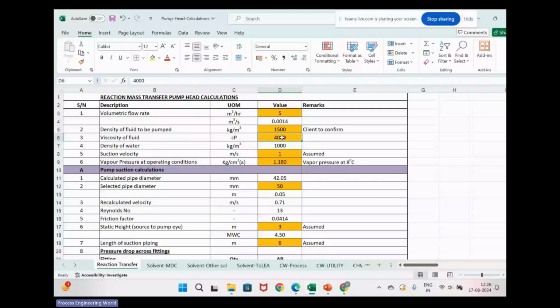Let's say you have arrived at a point where you know that you need a 5 meter cube per hour flow. So what volumetric flow rate of pump would you require?